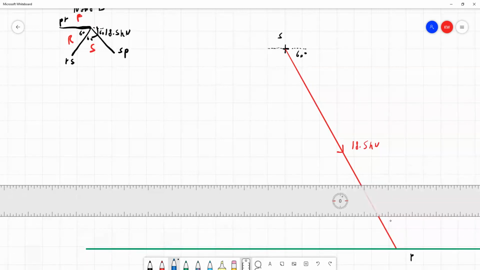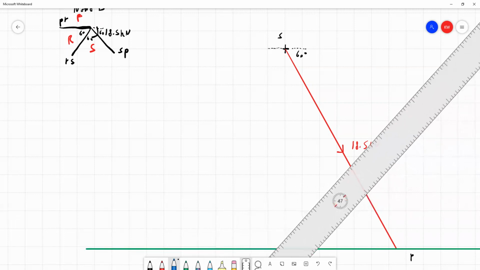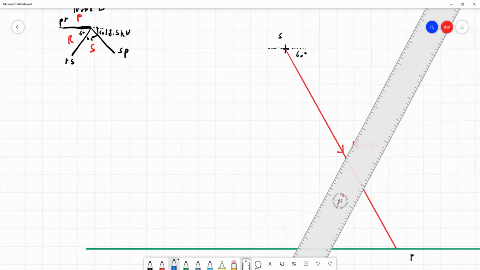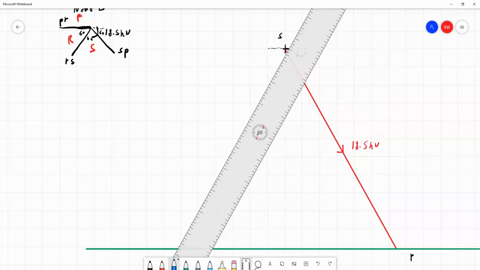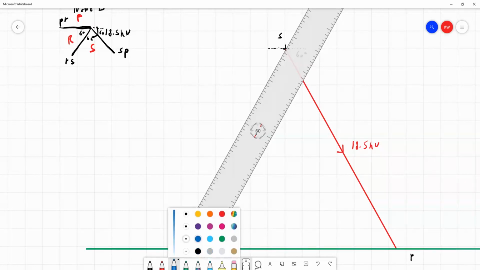So again, we'll set our ruler to 60 degrees, this time sloping downwards to the left. I'll line this up with the crosshair, and at this point we know we need a line that goes through the crosshair and it goes through the green line, but it's really joining these 2 points.